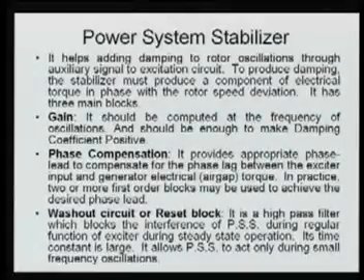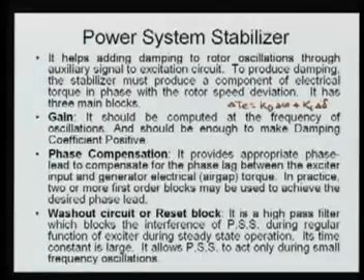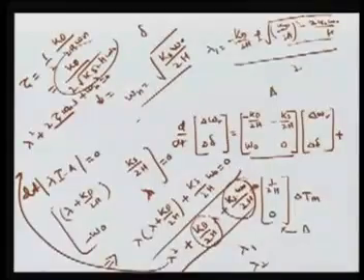Because we know that this change in TE has two terms, as I said, Kd delta omega plus Ks delta delta, meaning the torque has two components, one is your damping component, Kd, and another is your synchronizing component, which is changing the angle.